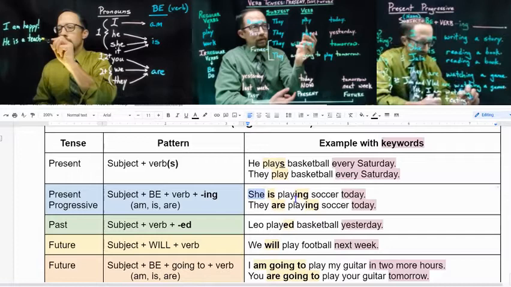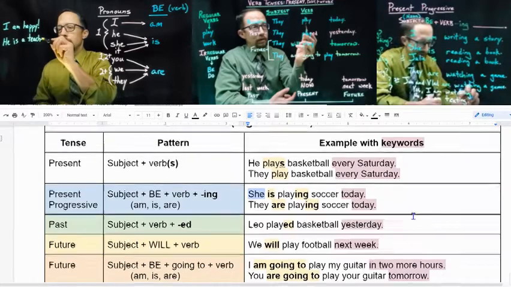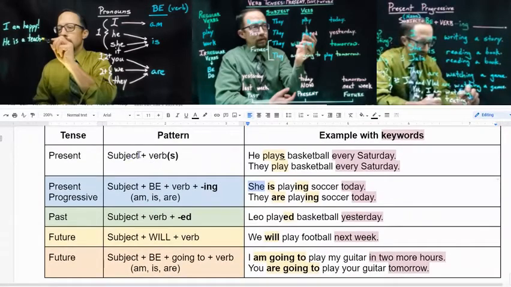It's usually a noun, a thing, or a person, or a name. Those are the subjects. You can write this in your notes too if you want, or take a picture with your phone. This is very, very important, okay?